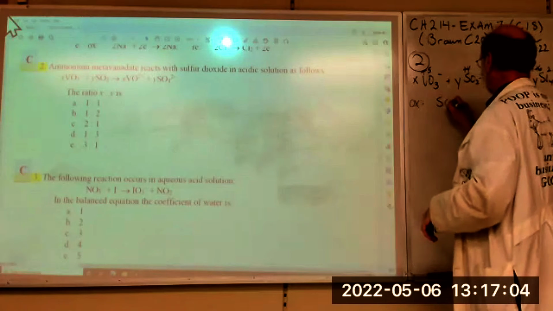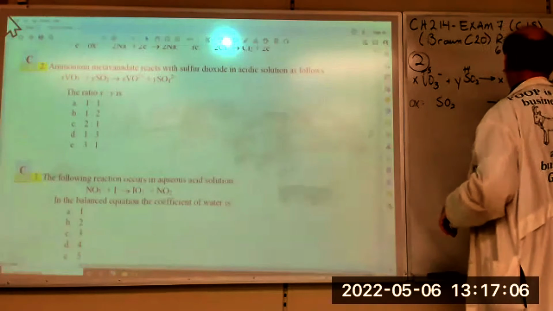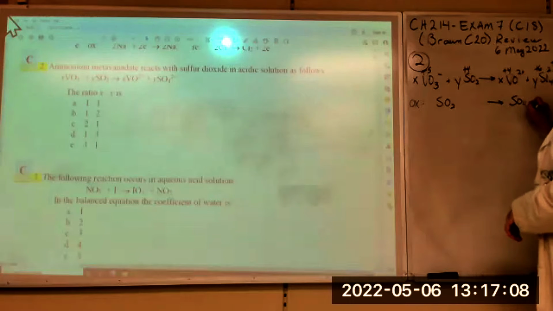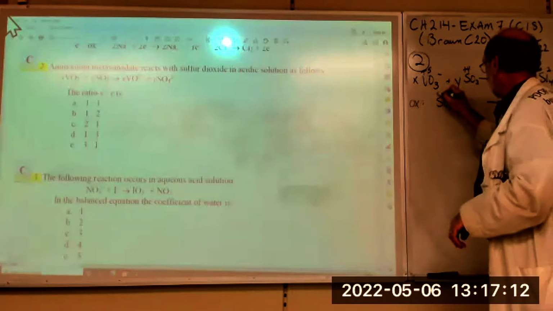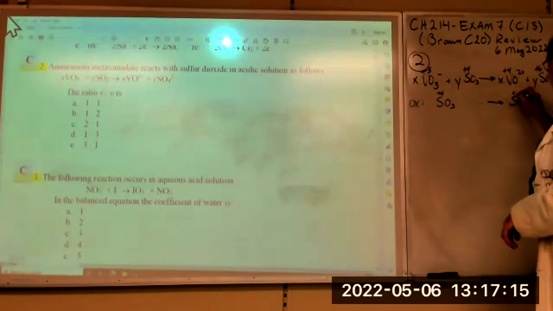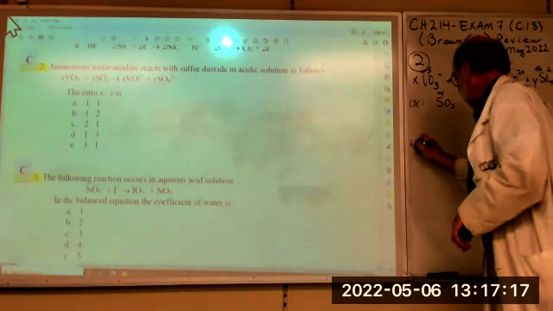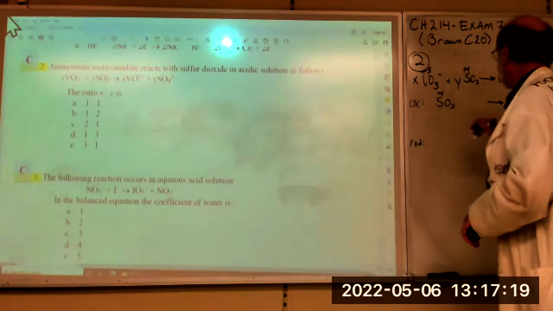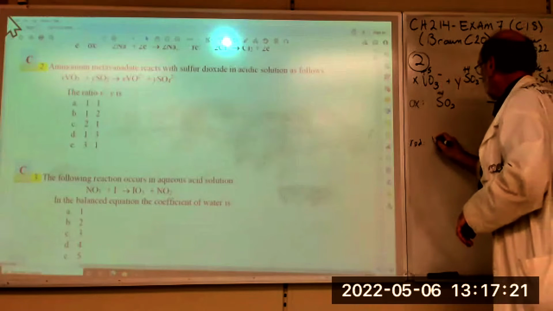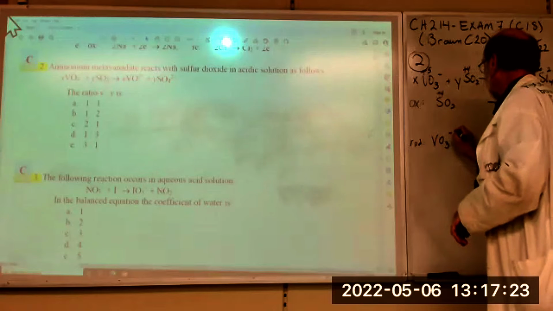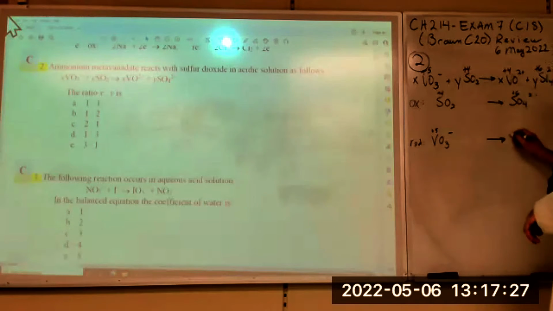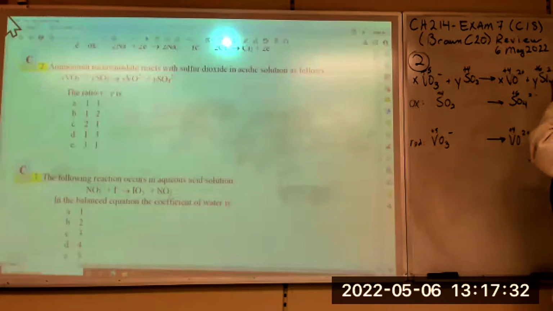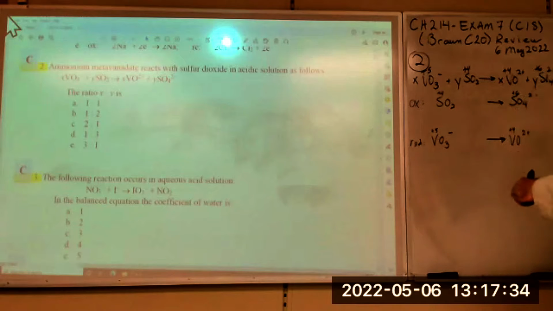So we got SO2 to SO4 2 minus. I'm going to write these in here so I don't lose track. And the reduction step is going to be the vanadium. VO3 minus, that's a +5, is going to yield VO2 plus, and that's a +4. Okay.